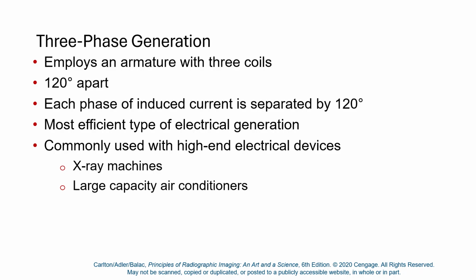It is the most efficient type of electrical generation, and it was invented by Nikola Tesla, and it's the way that we solved the fundamental problem in the Current War movie. And so when we watch the Current War movie, and this whole conundrum of spinning a motor with AC, Tesla is the one that figured it out. So a lot of your high power electrical devices run off of three-phase AC wave.